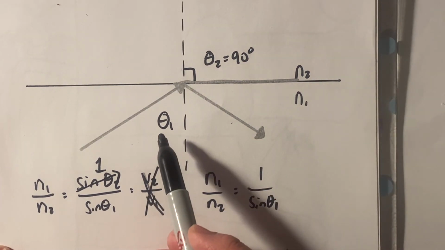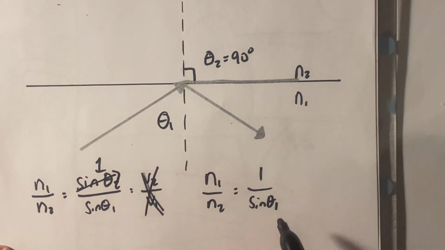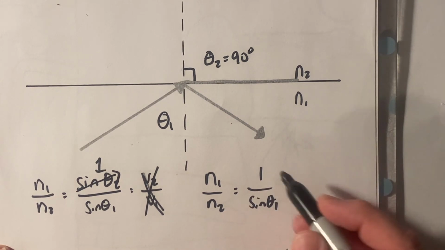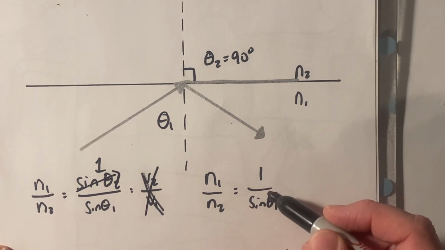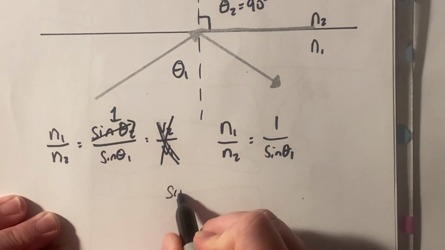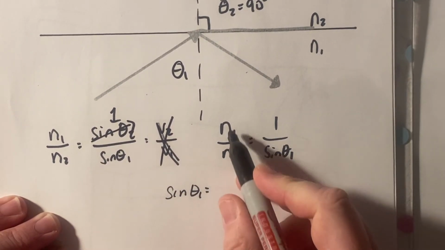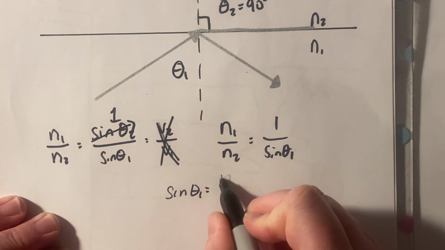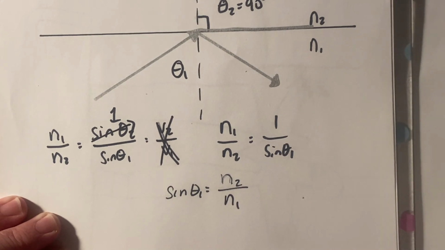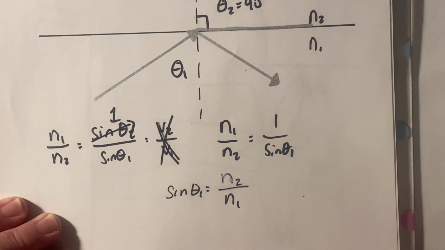And so to make this a more functional equation, we're going to take the inverse of it. And so we'll take 1 over sine theta 1, taking the inverse of that will just give us sine theta 1. And then if we take the inverse of what we have here, we have N2 over N1. And so that's the basic equation that you'll see for critical angle.